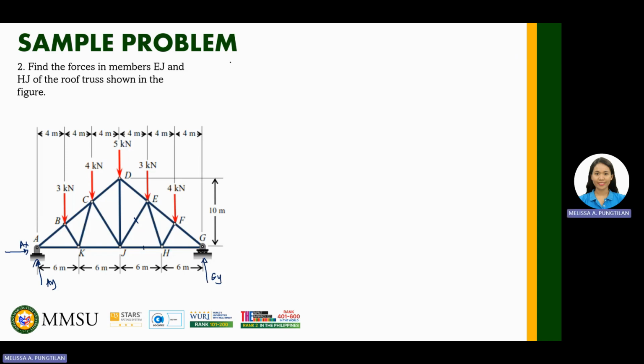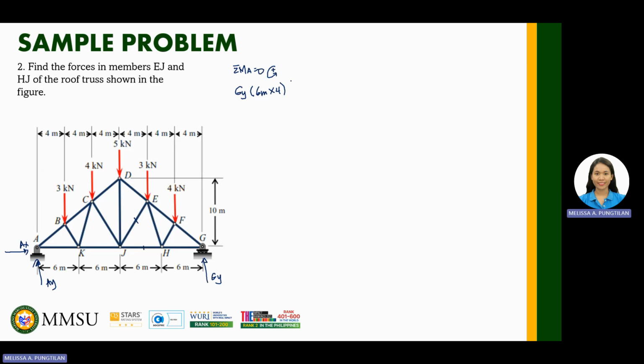So, taking the summation of moment at point A is equal to 0, counterclockwise positive. So, we have negative. Okay, let's start with GY. We have GY multiplied by 6 meters by 4. That's GY. Then 1, 2, 3, 4. Four, with 6 meters as its moment arm.